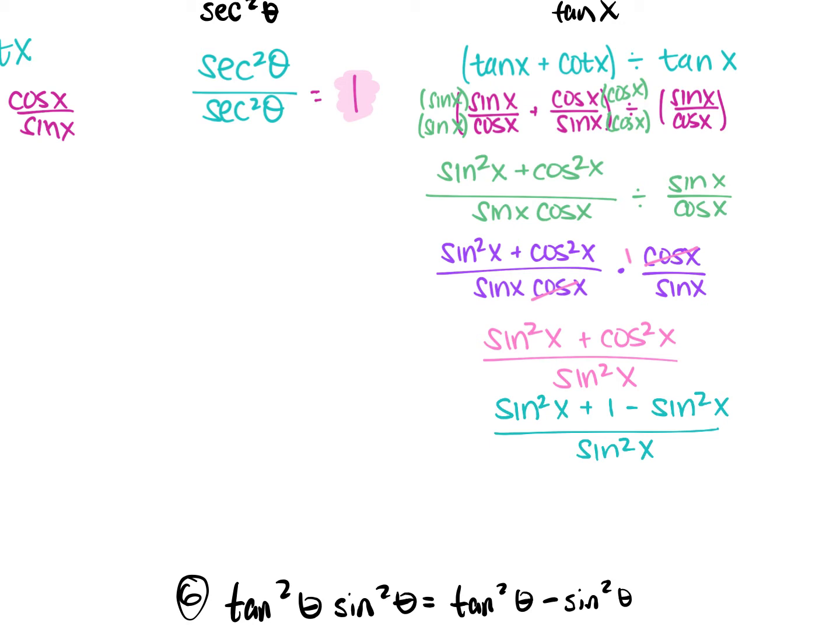On the top, you have two terms that are opposites of one another, the sine squared x and the negative sine squared x. Since they are opposites, they cancel, and you're left with 1 over sine squared x. Now, this fraction isn't pretty, so write it as a whole number. What is the same thing as 1 over sine?